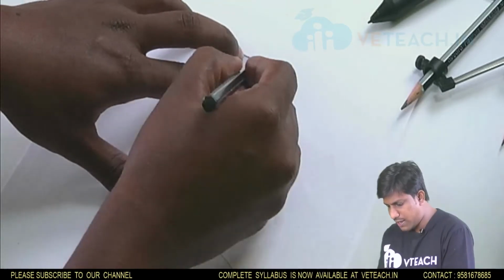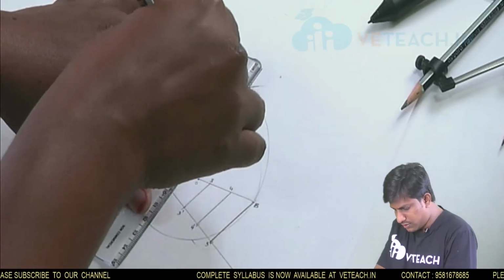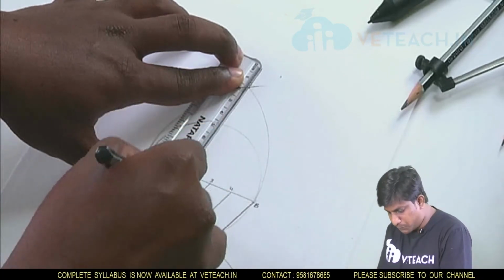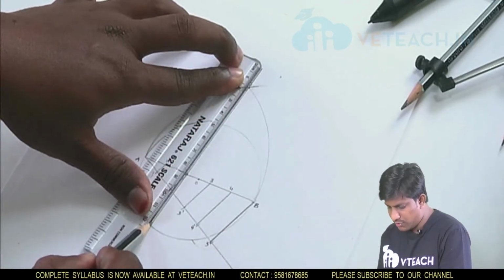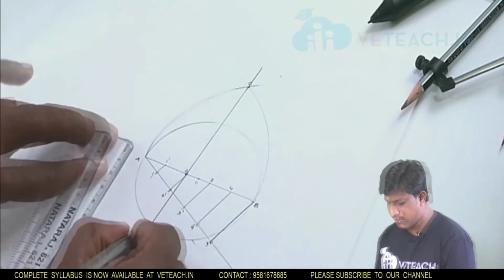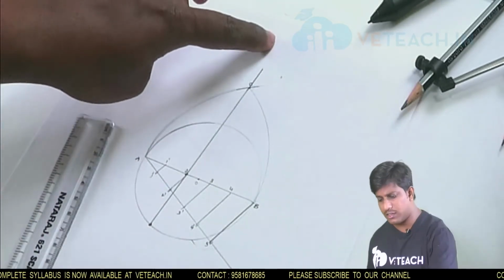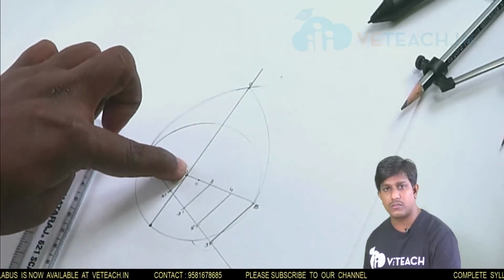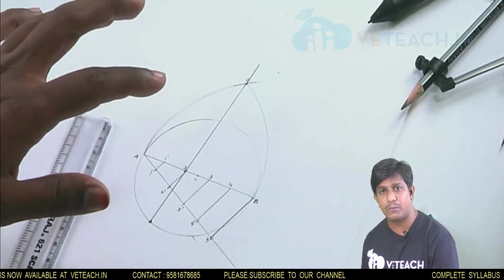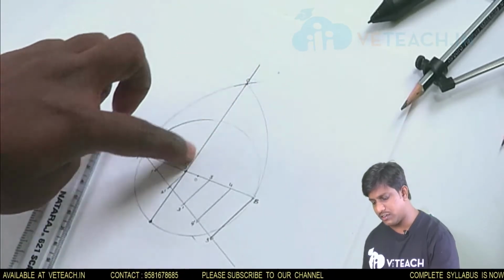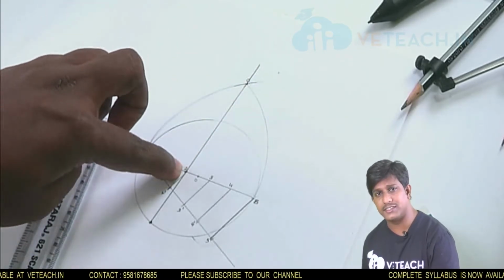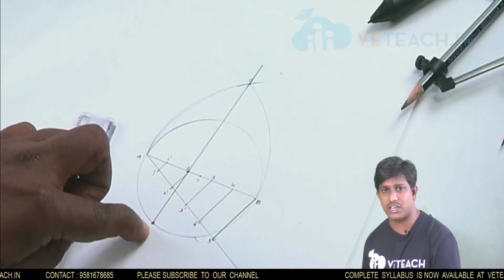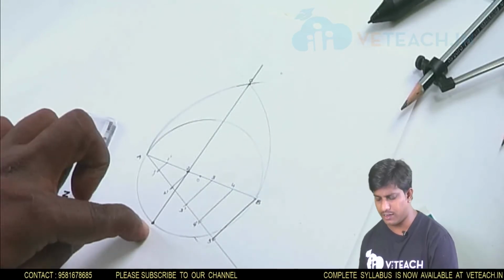If you see, these are points 2, 3, 4 and 5. From C, draw a line touching point 2 and extend it up to the circle. This is very important: from C you have to draw a line by touching point 2 and up to the circle.